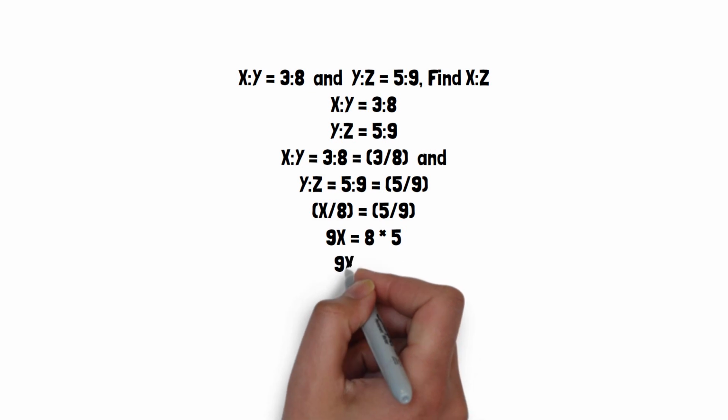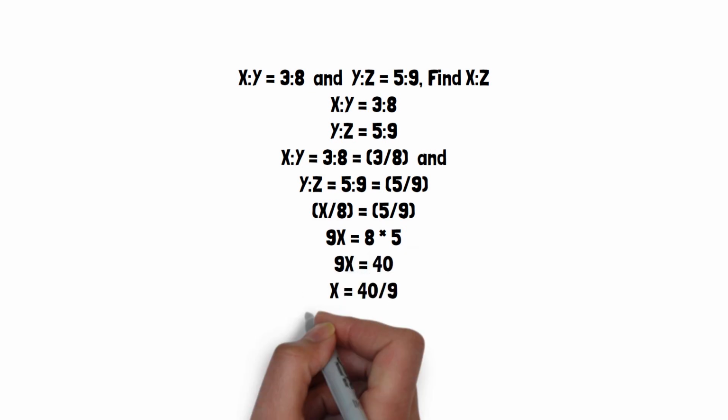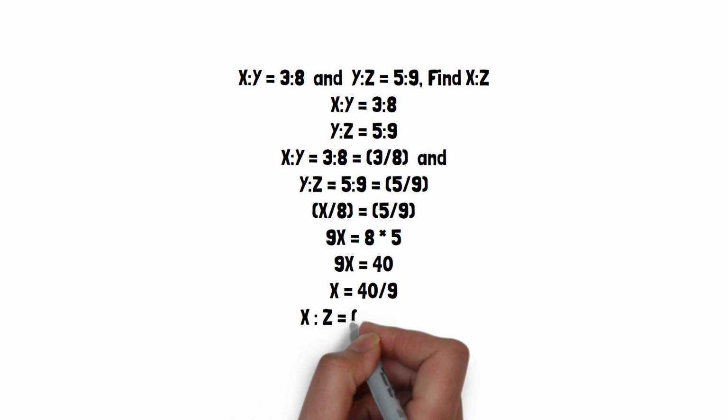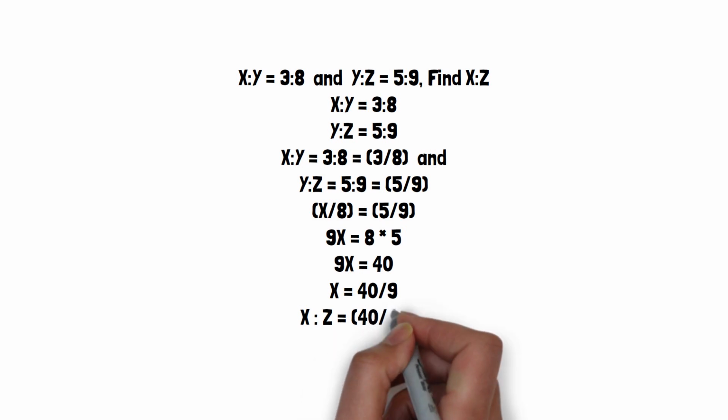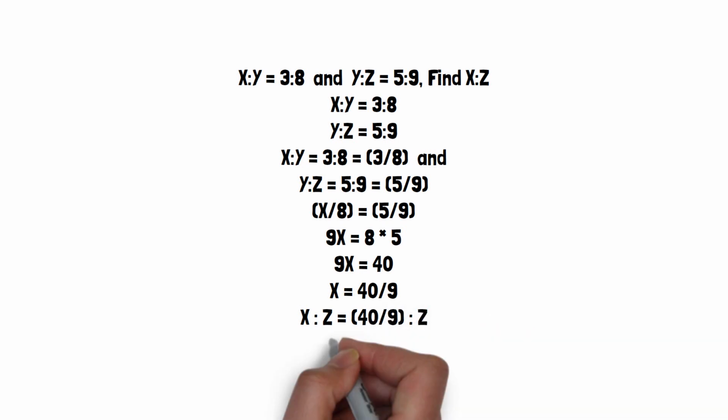Simplifying further, we get 9x is equal to 40. Shifting 9 to the right-hand side, we finally get the value of x, which is 40 divided by 9. Now that we have the value of x, we can write the ratio x is to z. The ratio will be x is to z is equal to 40 divided by 9 is to z.